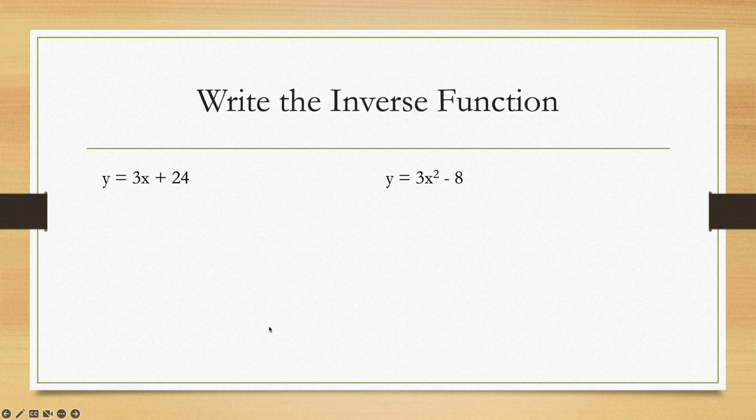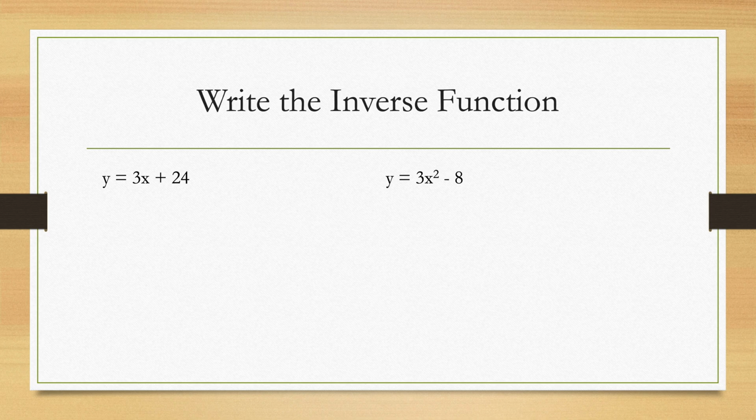Okay, write the inverse function. y equals 3x plus 24 and y equals 3x squared minus 8. Go ahead. Now, the key to understanding inverse functions is that it reverses the function, so to speak. The input becomes the output, and the output becomes the input.